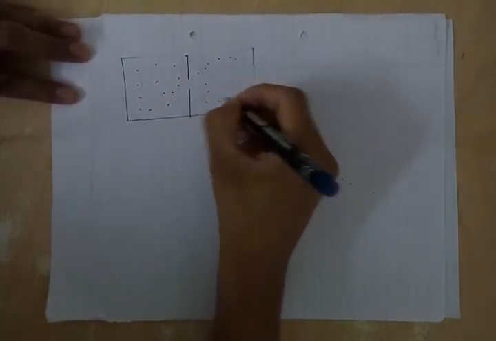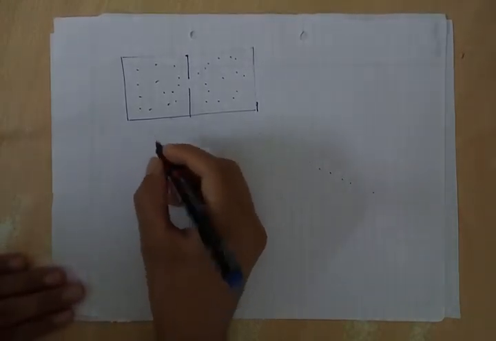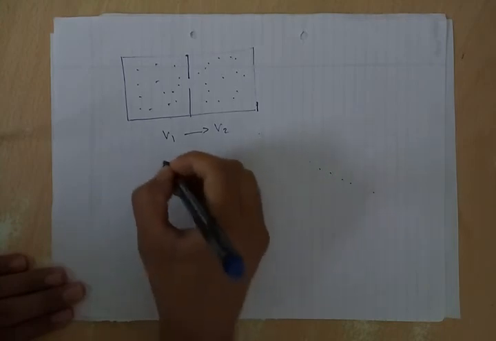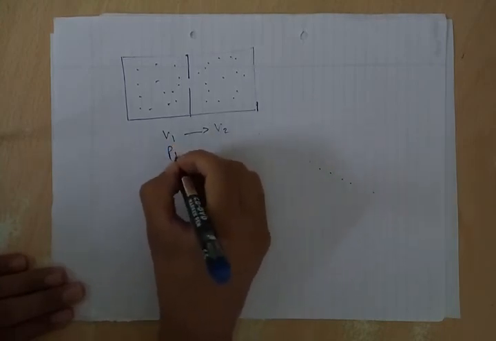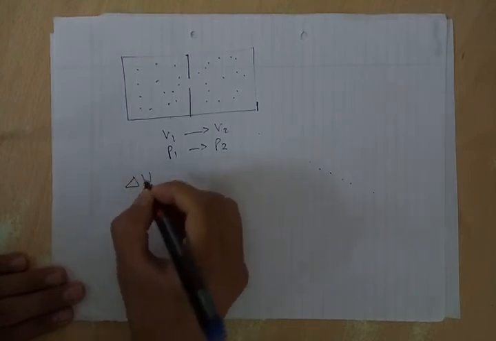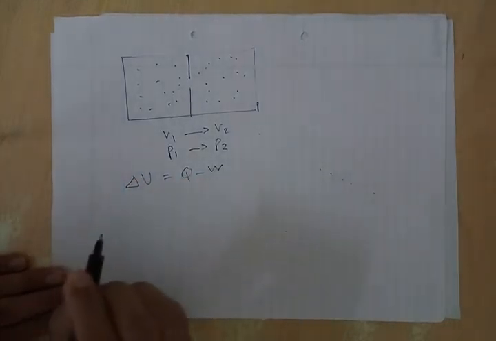It expands freely. So volume goes from V1 to V2, and pressure also changes from P1 to P2. Now delta U of the system is equal to Q minus W. This is the first law of thermodynamics.